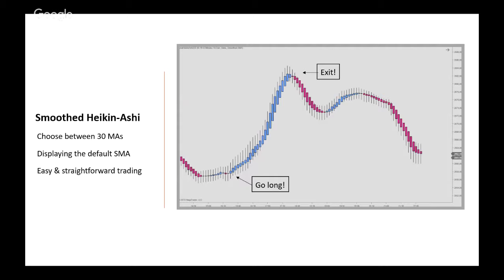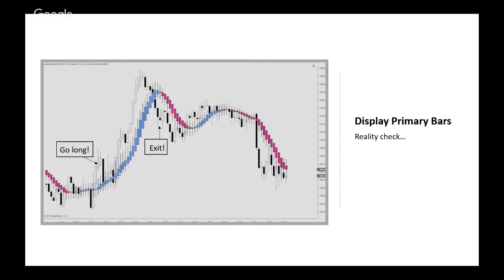So of course this looks very straightforward and easy to trade here, but if we display the primary bars with black for down closes and transparent for up closes, we quickly get pulled back to the reality of trading here. And it is, of course, important to be aware of the true price levels, and not some nice drawings on the charts here, in order to set appropriate risk and stop levels.